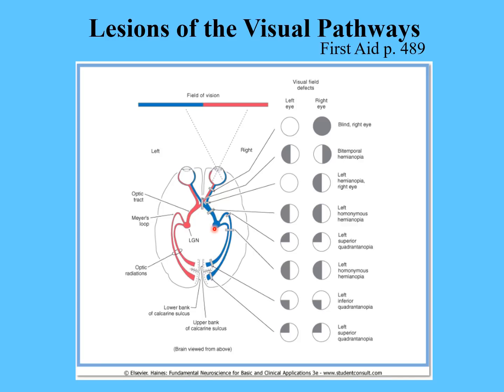As we go back to the geniculate, we see that the fibers will start to separate out, and some go into the temporal lobe in an area that's called Meyer's loop, and then travel back to the visual cortex.